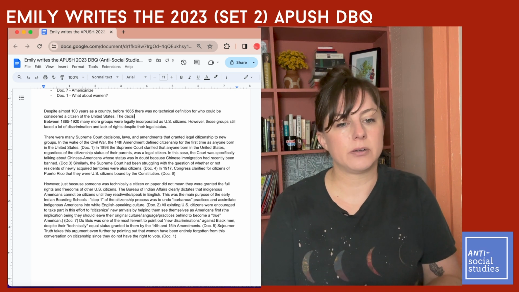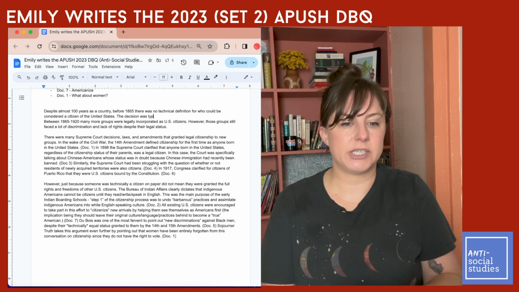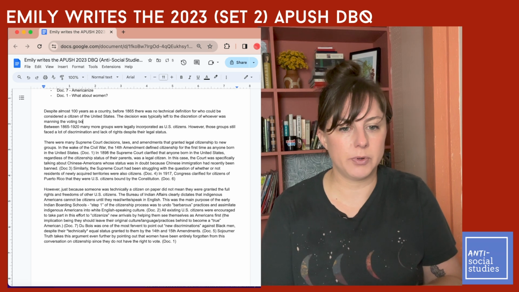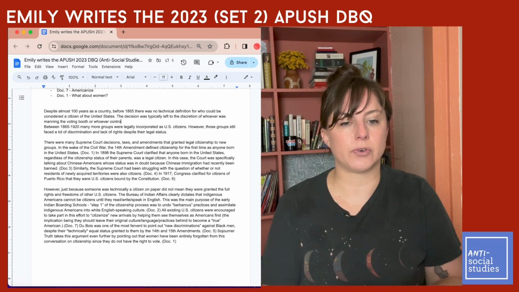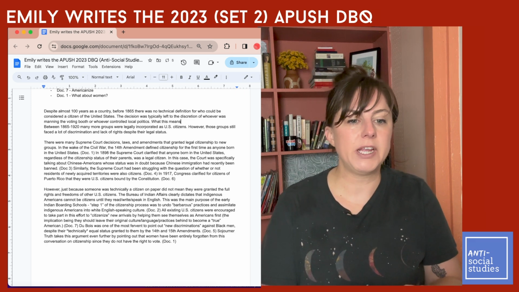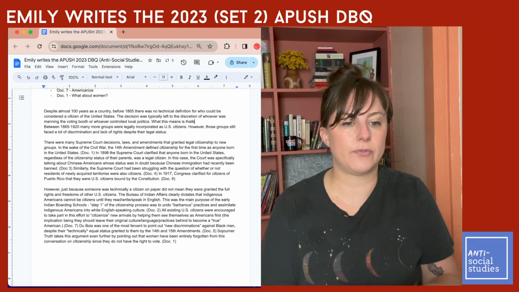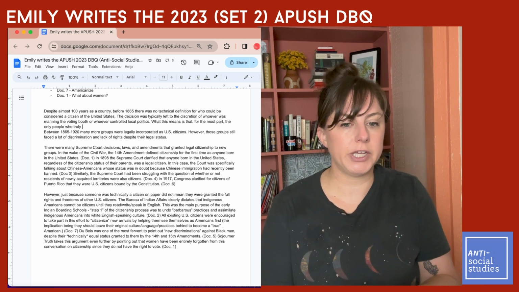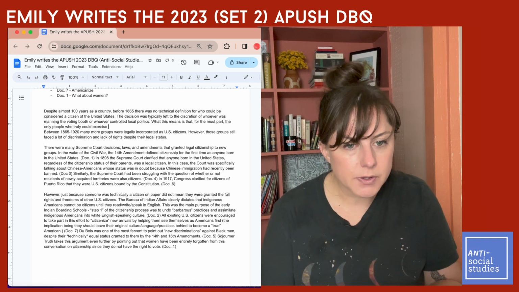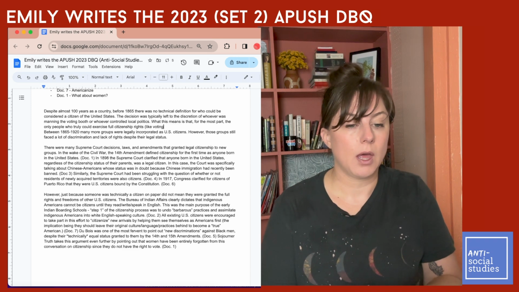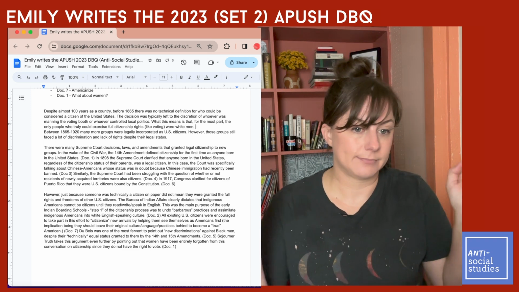The decision was typically left to the discretion of whoever was manning the voting booth or whoever controlled local politics. What this means is that, for the most part, the only people who truly could exercise full citizenship rights, like voting, were white men. And that's just true.